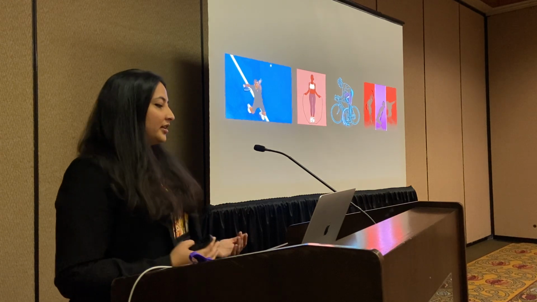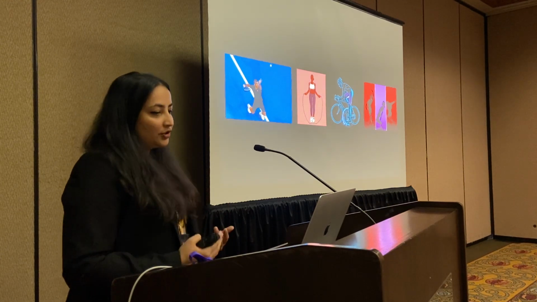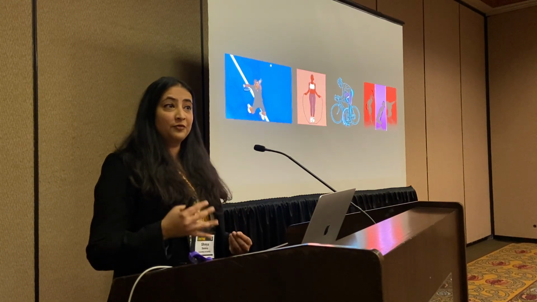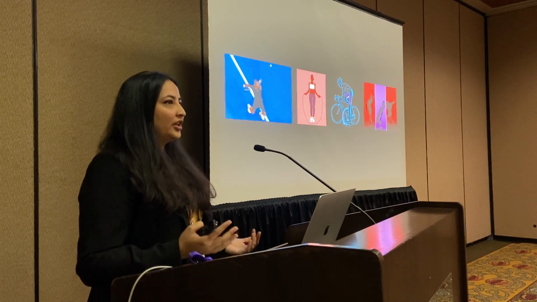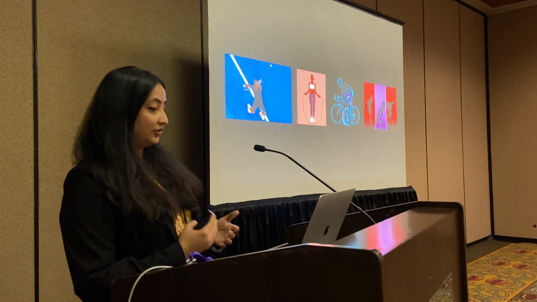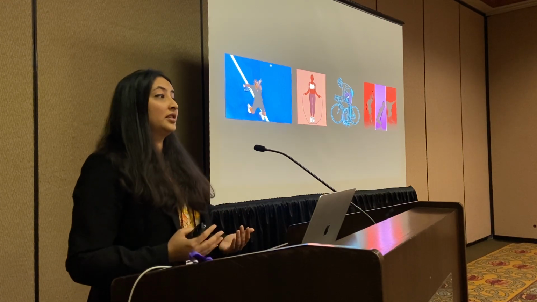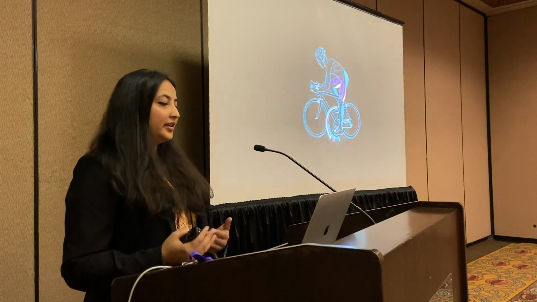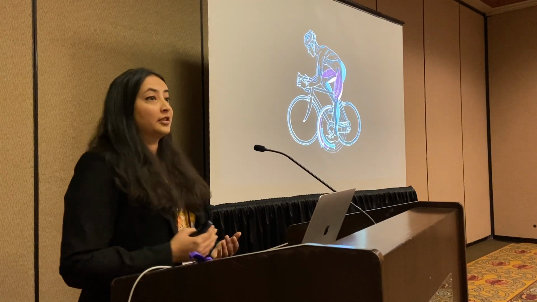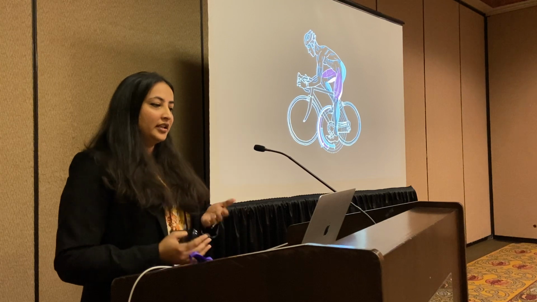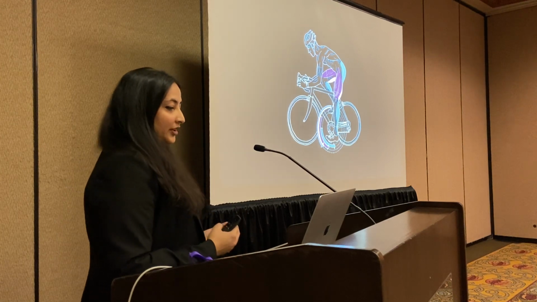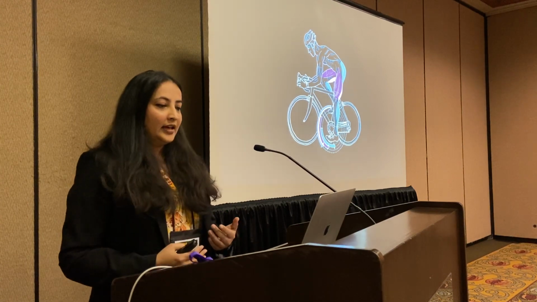The first thing I want you to notice is that even though you might be performing the same movement at different speeds, your muscle activity changes fairly drastically. Take the case of cycling slowly versus cycling fast. Not only are the muscles contracting faster, they may also have higher amplitudes and different patterns of contraction.